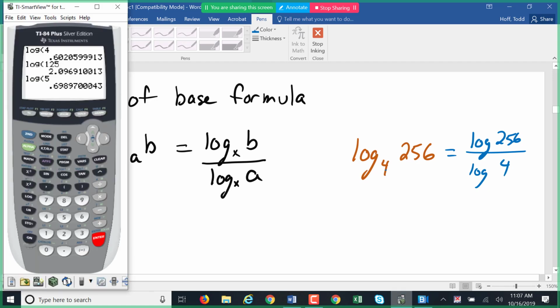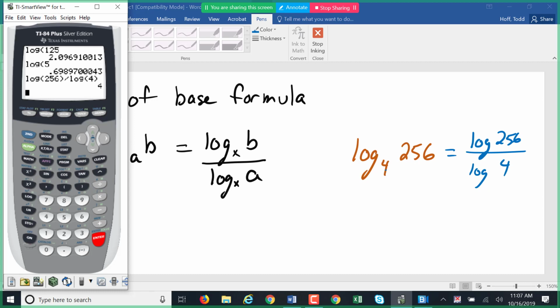It does not matter on our calculator whether we use the log key, the log base 10, or the ln key, the log base e. Let's do it both ways. Now we do have to make sure we use our parentheses properly. So log 256, close the parentheses, divided by log of 4. We don't have to close this one, but we're going to just to be complete.